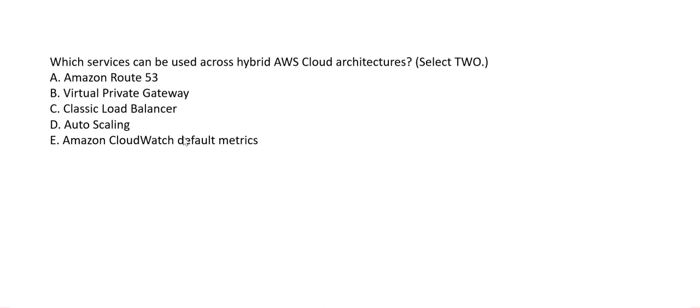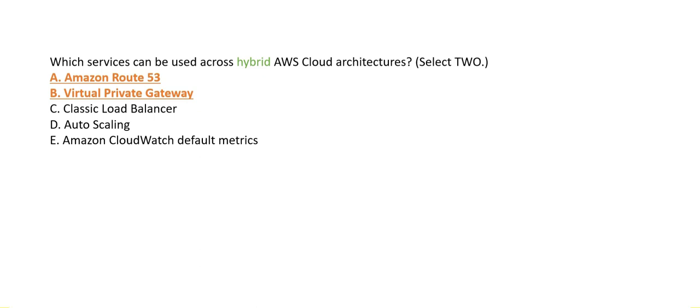Which services can be used across hybrid AWS cloud architectures? Hybrid is the keyword. So these two are correct options. Classic load balancer, you will not get any questions on classic load balancer. It is decommissioned. Auto scaling is an EC2 feature, so not linked with hybrid. Amazon CloudWatch is a default metrics for AWS resources, not for hybrid.